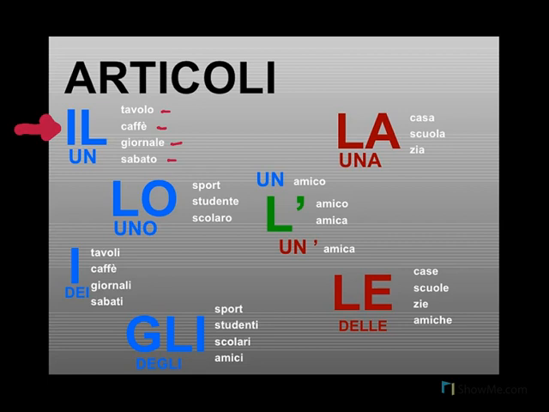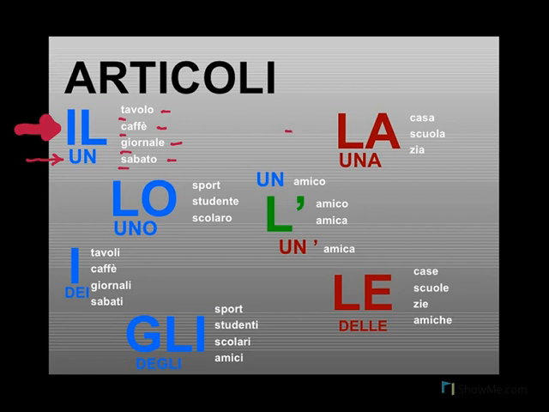Il is used for masculine singular nouns that start with a single consonant: T in here, C in here, G in here, S in here. You see it. The indefinite article will be un. Un tavolo, a table. Un caffè, a coffee. Un giornale, a newspaper. Un sabato, a Saturday.